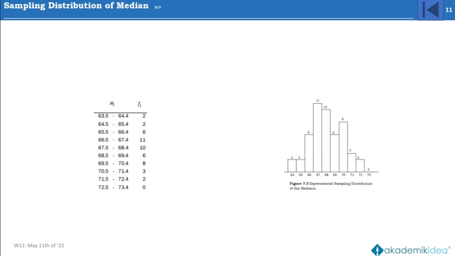For instance, we could have found the medians of the 50 samples given in table 7.23 and studied their distribution in order to get some idea as to how much medians vary from sample to sample.